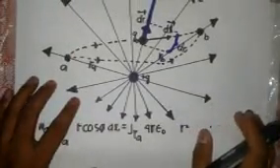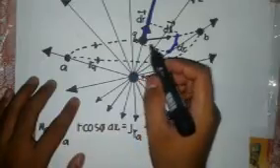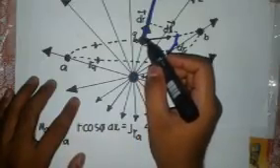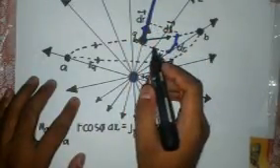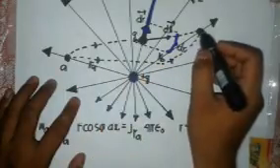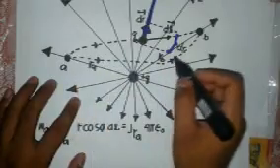So again, our test charge Q naught is moving. Now in this illustration, it moves from point A to point B along an arbitrary path.